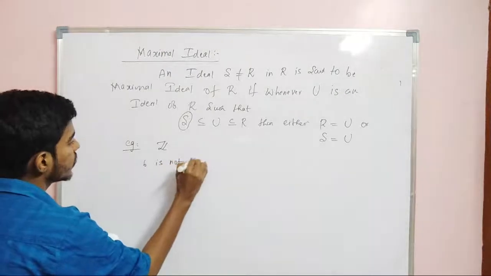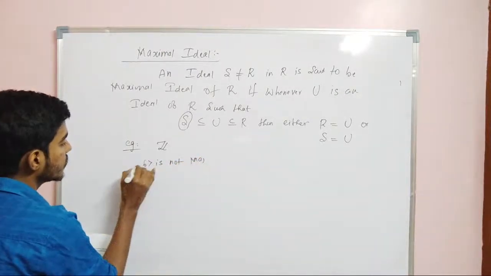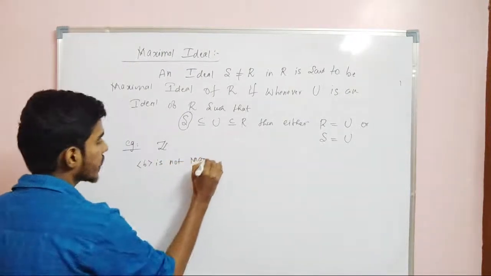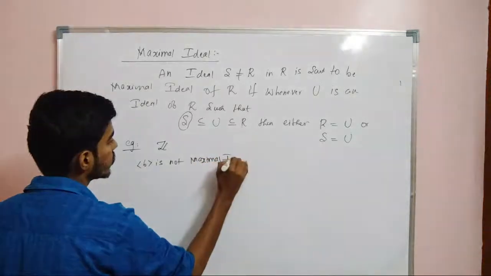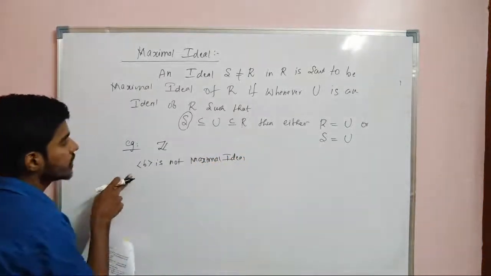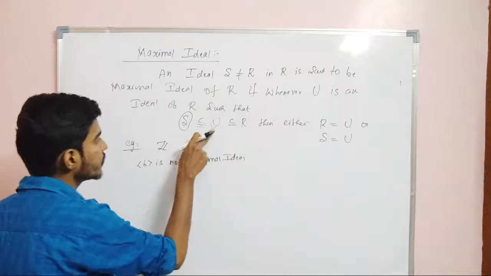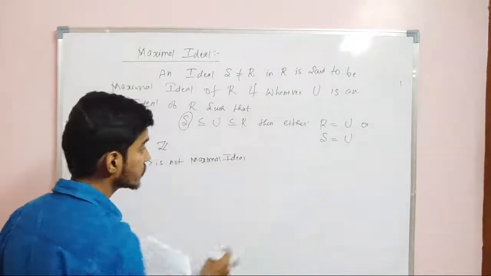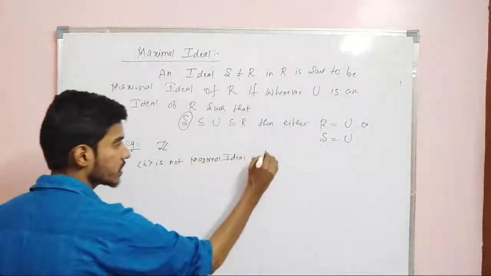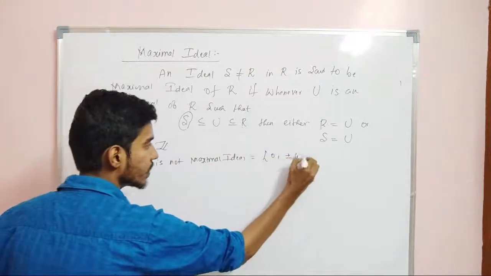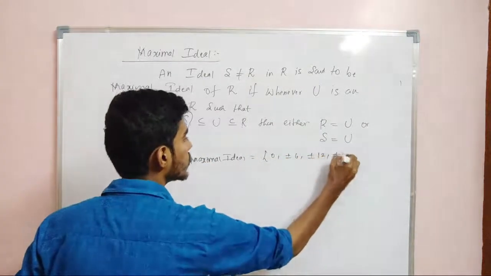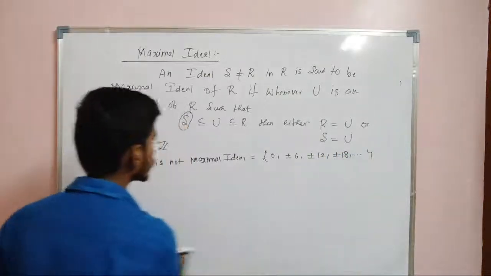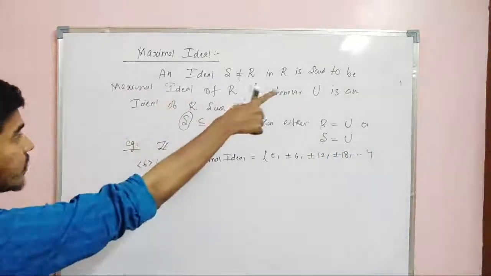That is, the ideal generated by 6 is not a maximal ideal. Why? It would be maximal if S is contained in U and U is contained in R implies R has to be equal to U or S has to be equal to U. This set contains 0, plus or minus 6, plus or minus 12, plus or minus 18, and so on.